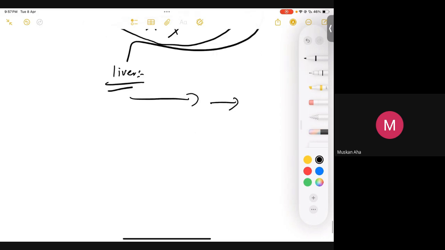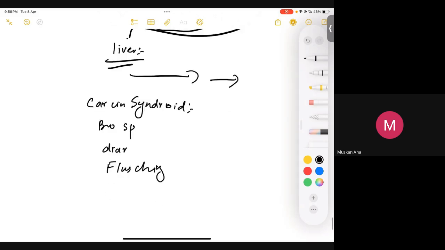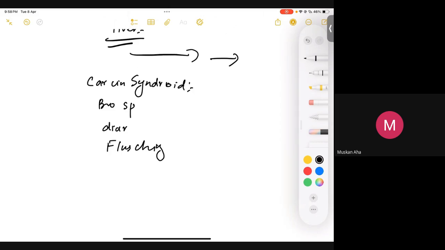Once we have a lot of serotonin in the systemic circulation, now we call it carcinoid syndrome, right? So what the serotonin is going to do, it's going to cause a lot of problems. It's going to cause bronchospasm, diarrhea, and flushing of your skin, and it's basically triggered by any stress, right?